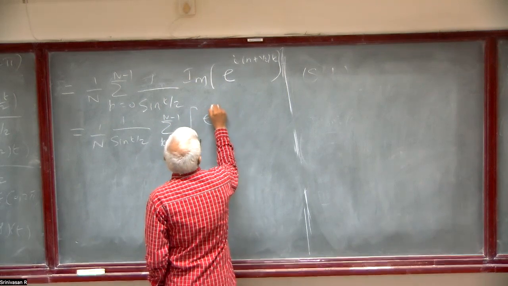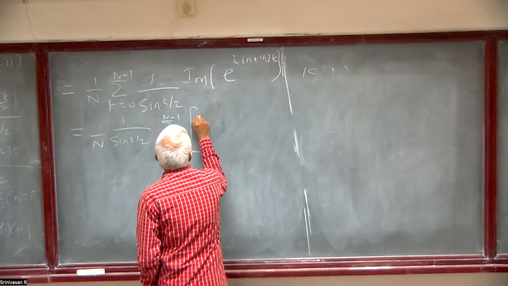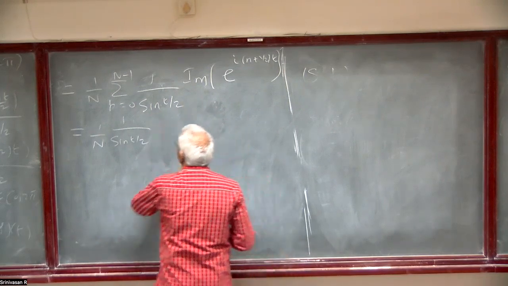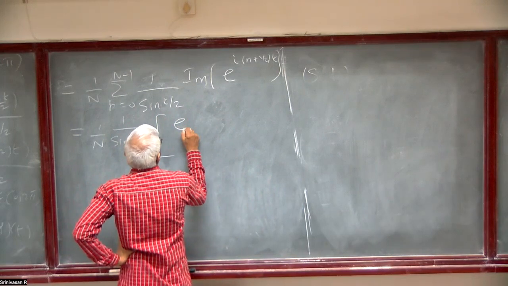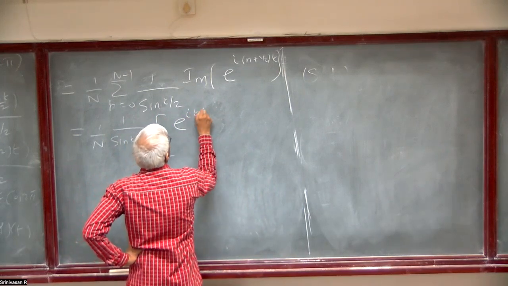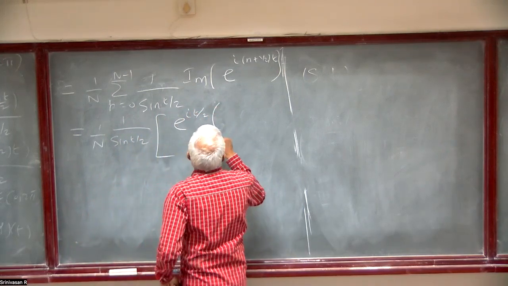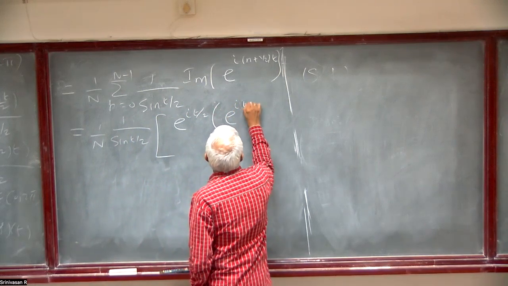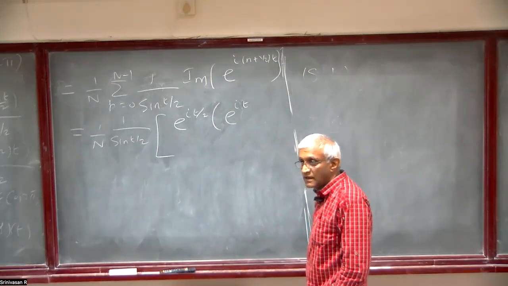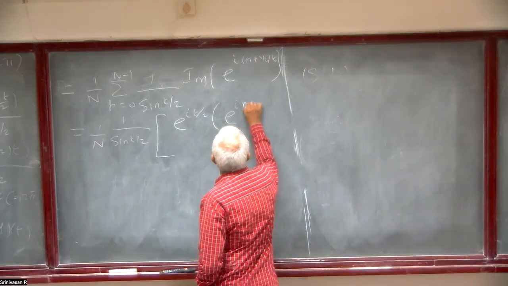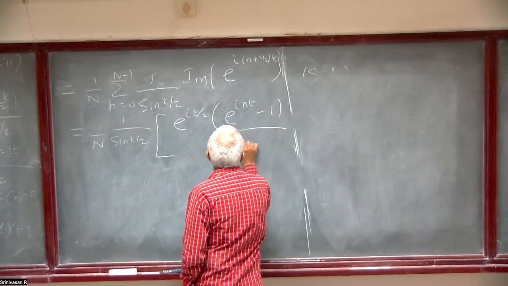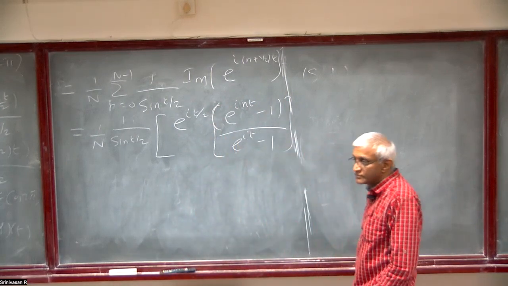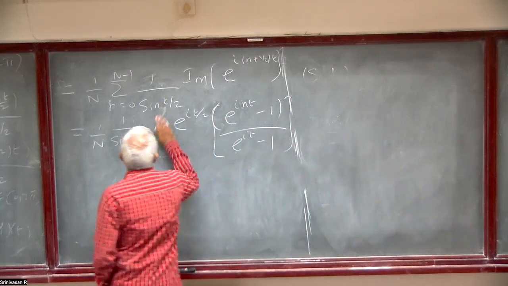So A is e power i t by 2, times e power i t, and there are n terms. So it is e power i n t minus 1 by e power i t minus 1, and the imaginary part of this.